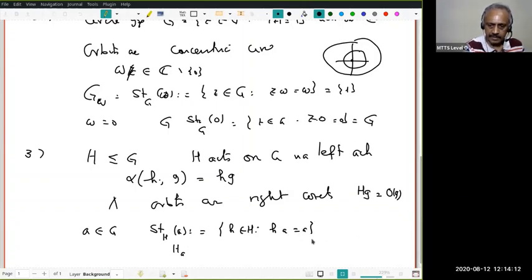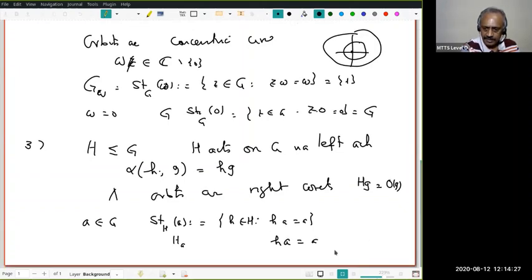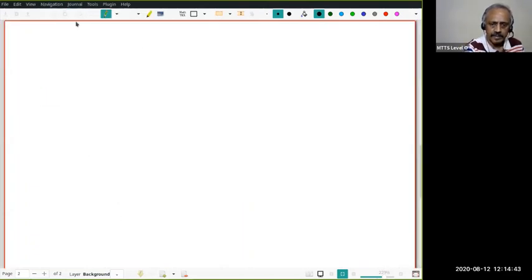But notice that we are in a group situation. h and a are all elements of the group G, and therefore, if ha equal to a, by the cancellation law, multiplying by a inverse, I get h a a inverse equal to a a inverse, which is the identity, that means h equal to identity. Therefore the stabilizer is the trivial subgroup, the identity.